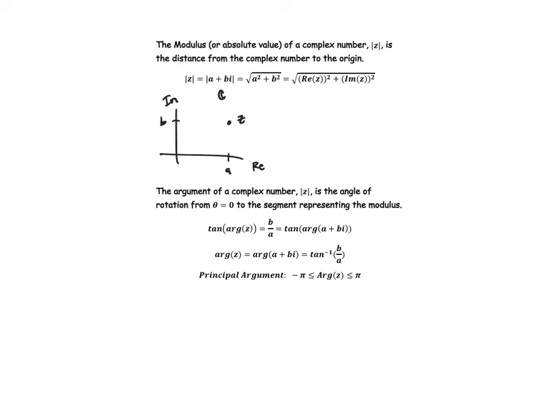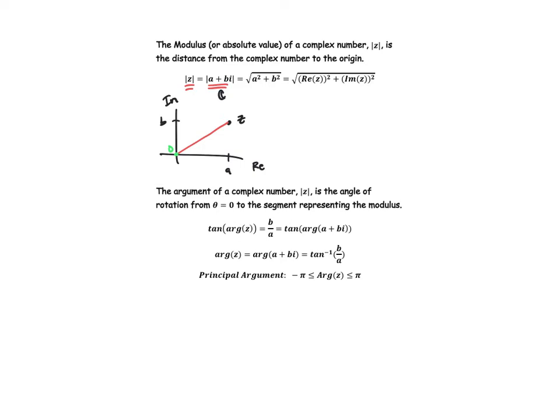So the modulus of the complex number z, or also a plus bi in Cartesian form, is going to be the distance from the origin. Here's the origin, O, we typically call it, out to z.